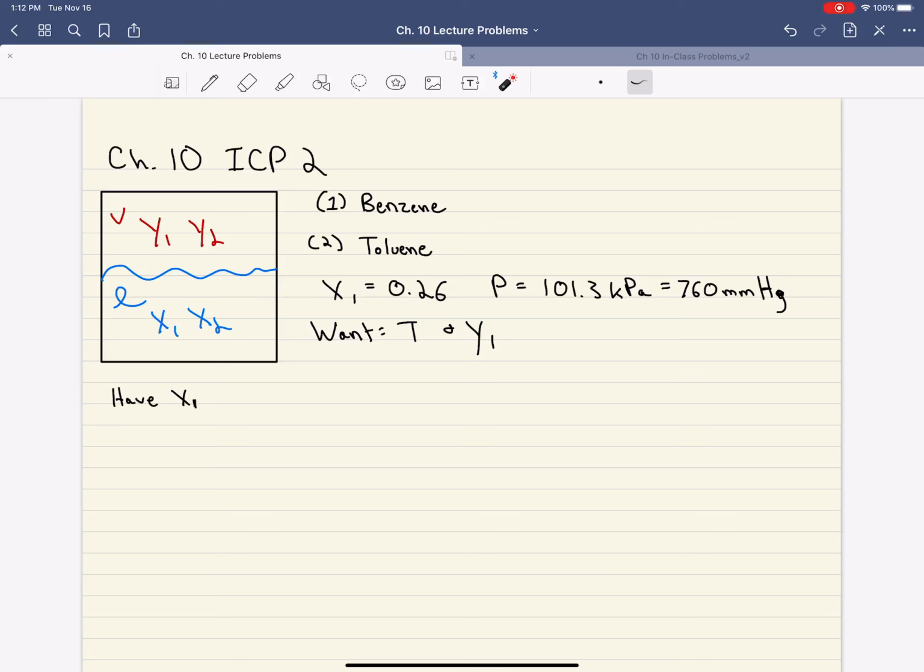In any case, we have the liquid phase mole fraction, and what we want to find is the temperature that corresponds to it. Essentially, we want to find the bubble point temperature. If we change the temperature of the system, what's the temperature at which the first bubble of vapor forms in our system? That's what we want to find.